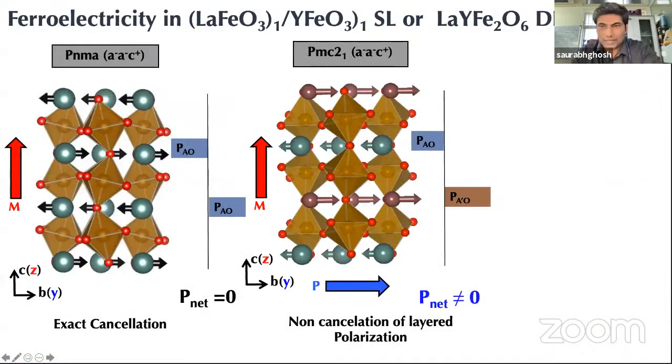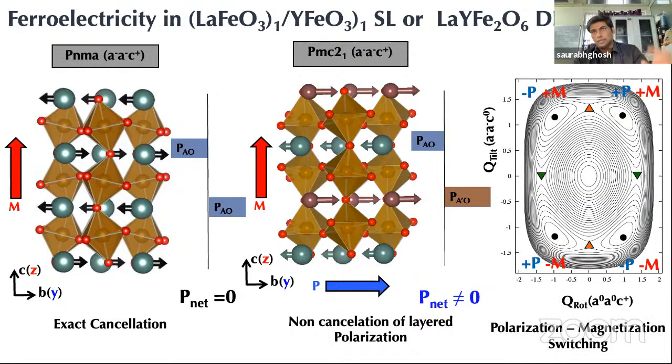So now there's a non-cancellation, and this non-cancellation gives you a layered polarization. However, as I mentioned, there's a trilinear coupling between rotation and tilt. So here, both rotation and tilt are the primary order parameters, and the polarization is the secondary order parameter. So in this plot, you can see that if you change the rotation along this particular path, then you can switch the direction of the polarization, because if you change the sense of the rotation, then you change the direction of the polarization.